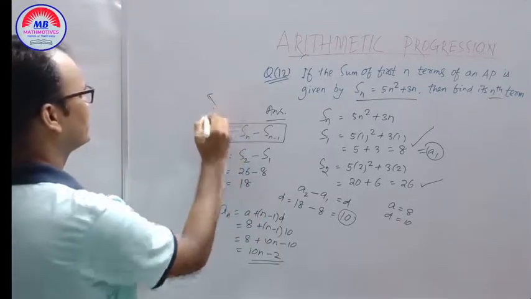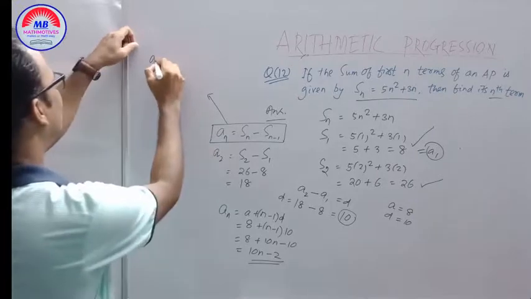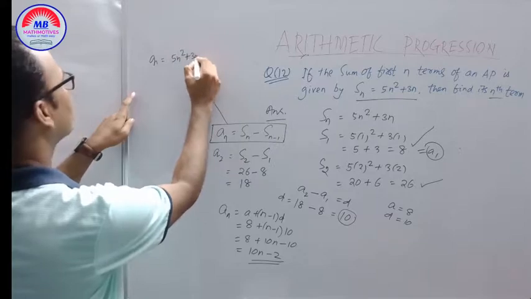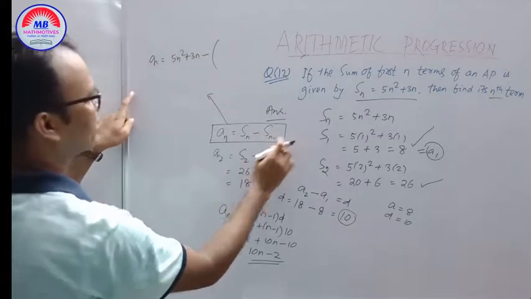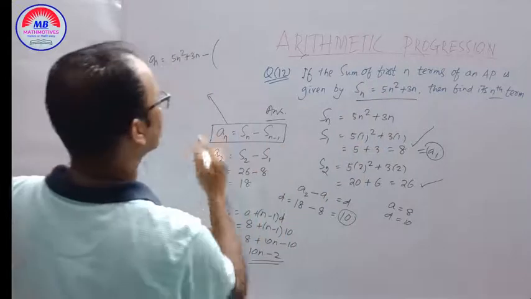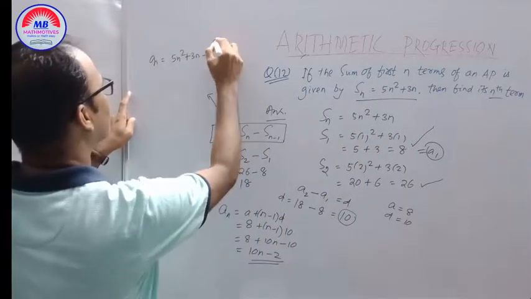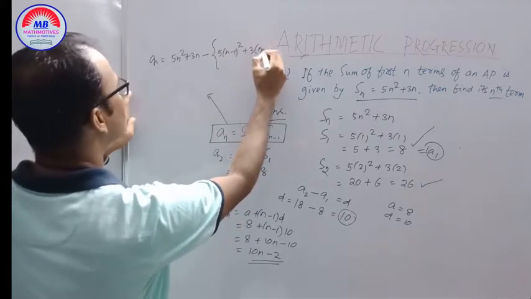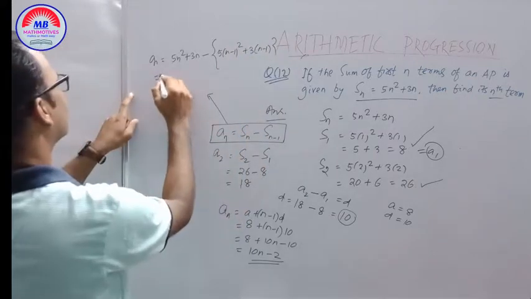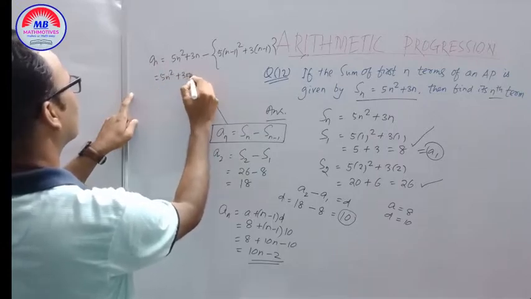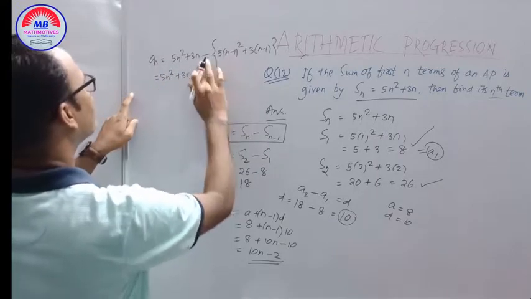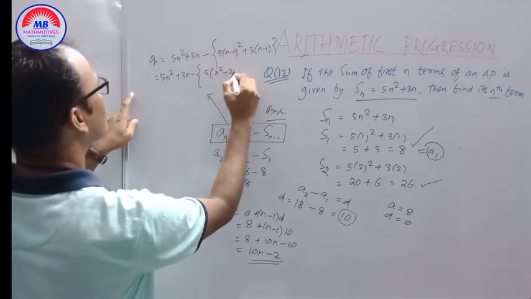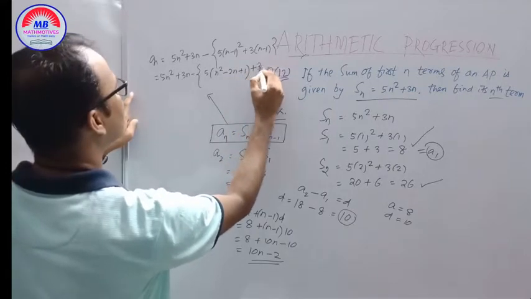If you directly put this formula, you can write An equal to Sn, which is given as 5n square plus 3n, minus Sn minus 1. In place of n, you put n minus 1. So 5(n minus 1) square plus 3 into (n minus 1). That is 5n square plus 3n minus, using (a minus b) whole square, a square minus 2ab plus b square, 5(n square minus 2n plus 1) plus 3n minus 3.